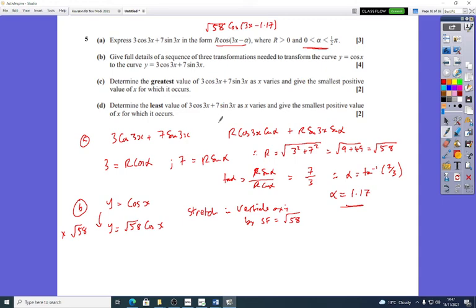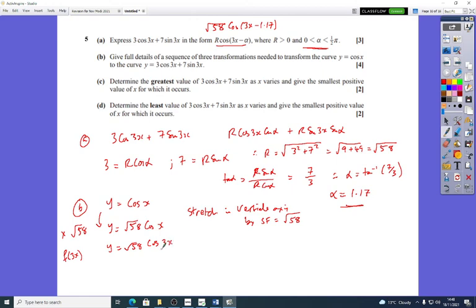Second thing is you could multiply by 3. What do I mean by that? You could multiply within the bracket, f of 3x. So that will lead this into root 58 cos 3x.